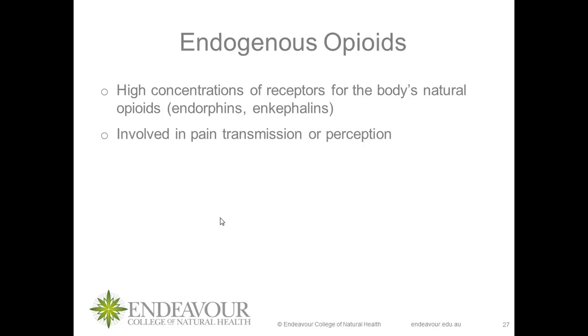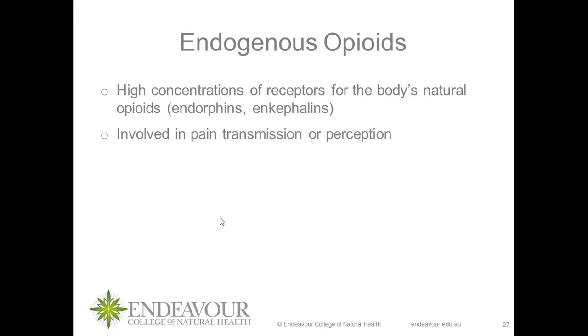Before we go on and have a look at what would be called exogenous opioids, drugs that the person is taking from the outside and into the body, we have to look at the endogenous opioids. These were bioactive peptides. Remember we said we could also call them neuroactive peptides because they work in either the spinal cord or the brain.